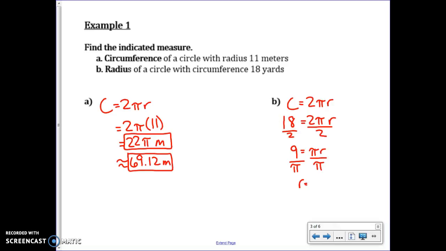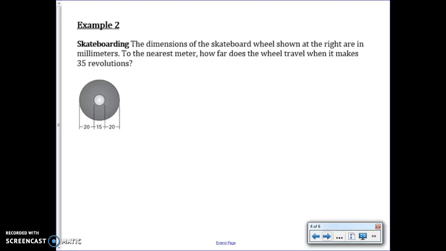So r equals 9 over pi, and our label would be yards. That's not a very pretty exact answer, but it's an exact answer. Or we can plug in 9 divided by pi, and we get about 2.86 yards. So either of these would be answers depending on what your book or your test is asking for.